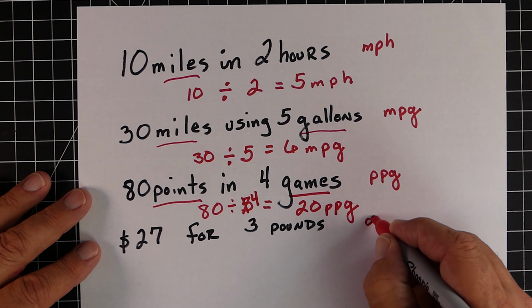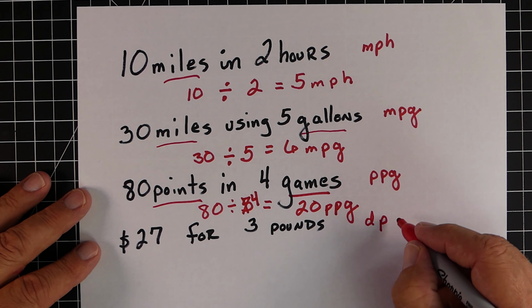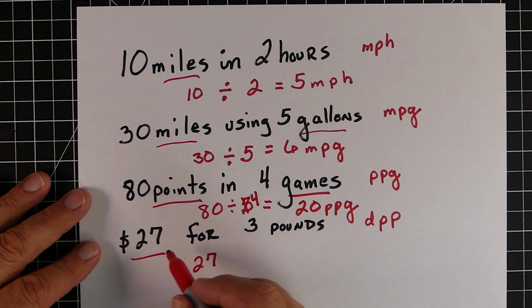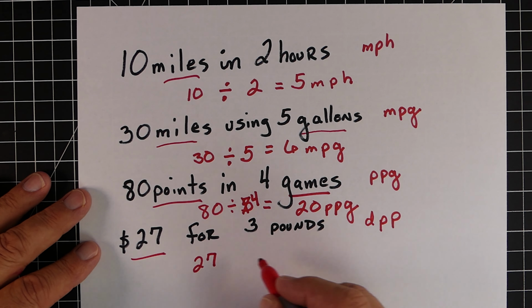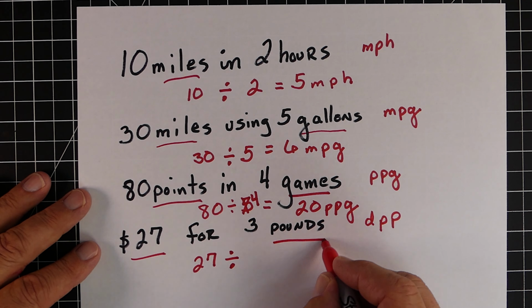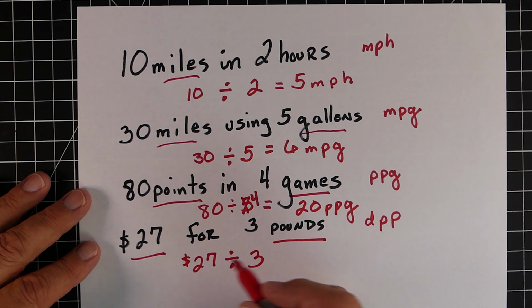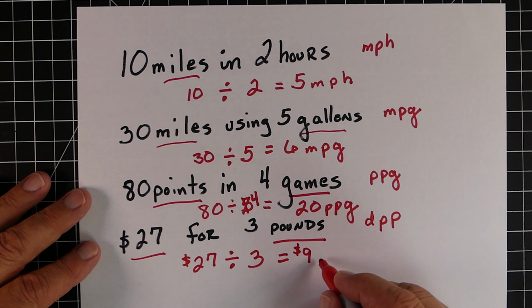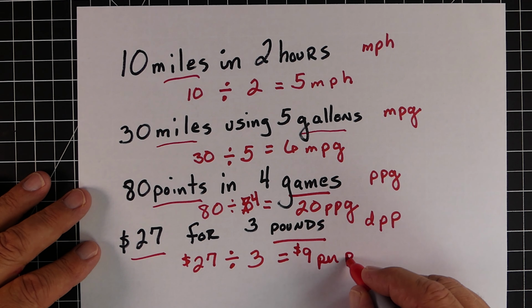And again, if we're looking at cost, in this case dollars per pound, you would just take the total number of dollars, 27, and if we want to find per, it'd just be divided by, in this case, 3 for the 3 pounds. So 27 divided by 3 would be 9. So it's $9 per pound.